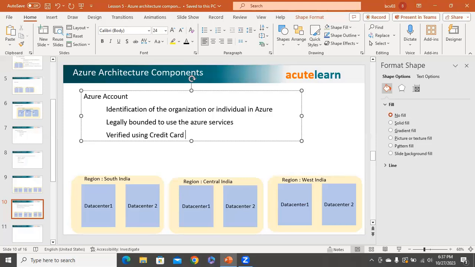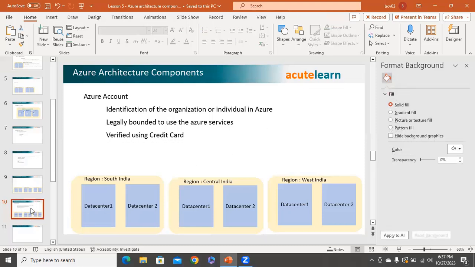They try to get the information, and based on the inputs we provide, they activate our account. Otherwise, the account will be in a suspended mode. So the first and foremost step is to create an Azure account. It is an identification for us. So it looks like this now.